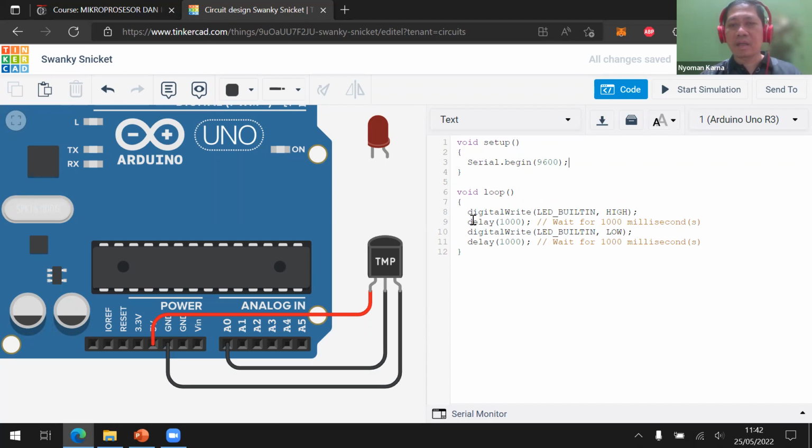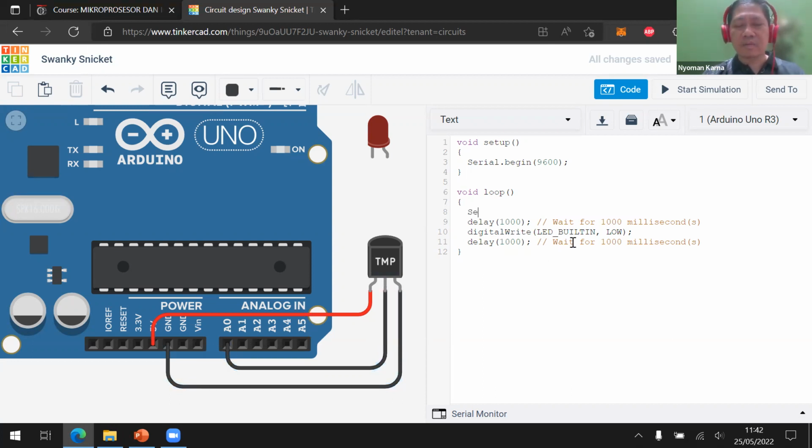And then I'm going to read the value measured by the TMP36, the temperature sensor, in the A0, the ADC0.